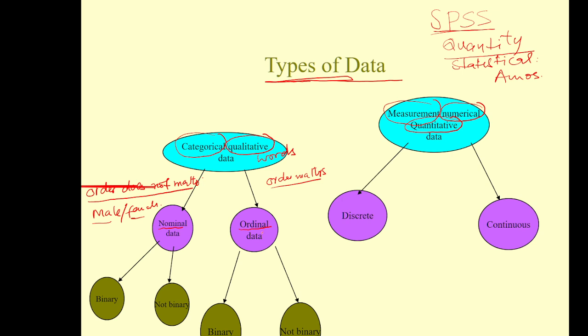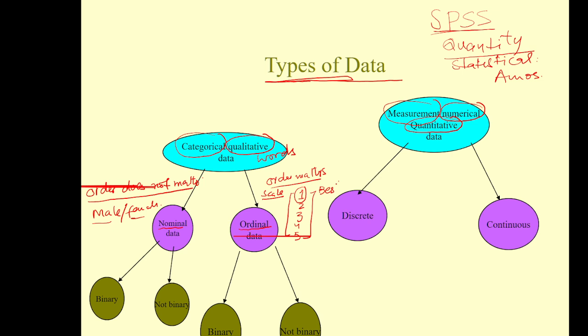Whereas in ordinal data, for example, if you ask someone to grade something on a scale from 1, 2, 3, 4, 5, so on a scale of 1 to 5, if someone is grading in a survey, then that is ordinal data. Because if someone says that I like it the most, then they will scale it as 1.